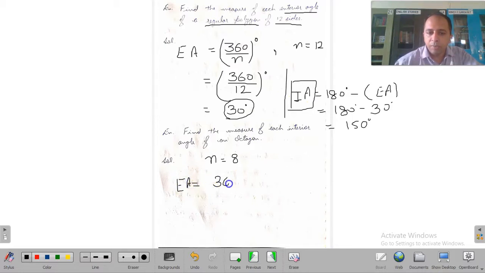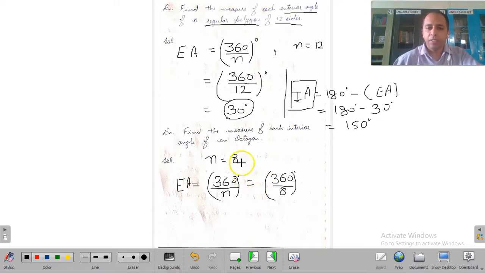So it is 360 upon n degrees, which is 360 upon 8 degrees, because the number of sides n is 8 here.